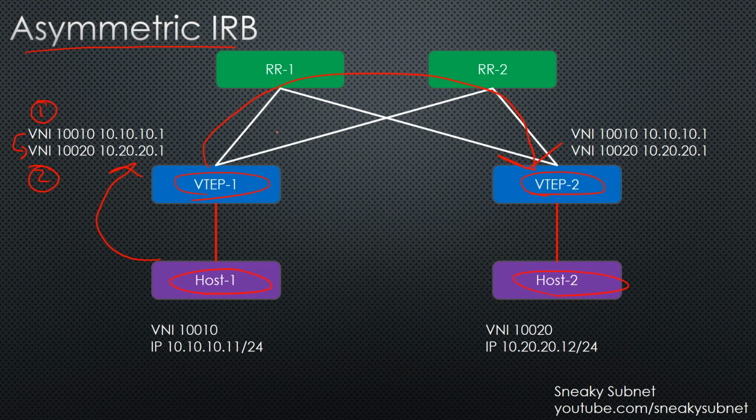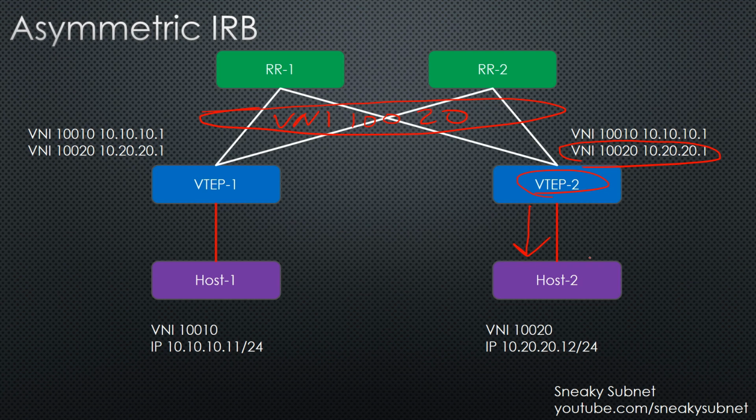So in the underlay, traffic will traverse inside VNI 120, yes, correct. VTEP number 2 receives the traffic inside VNI 120, and it bridges it to host number 2.